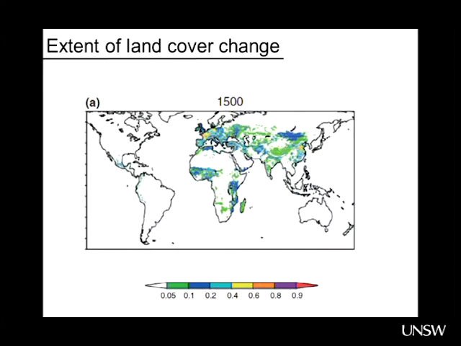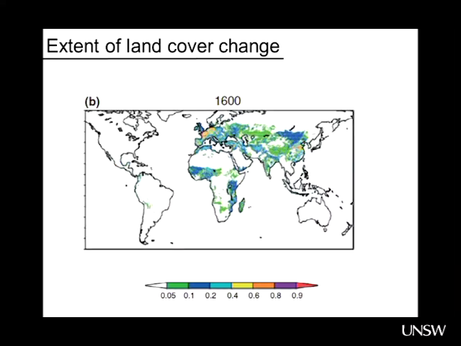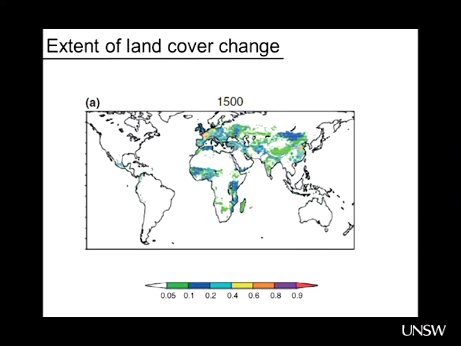And I'm going to skip through, and I want you to see that the area of land cover change doesn't change that much. But this axis is the intensity of land clearance from very low, 10% of the area, up to very high. So by 1600, it hasn't changed that much.